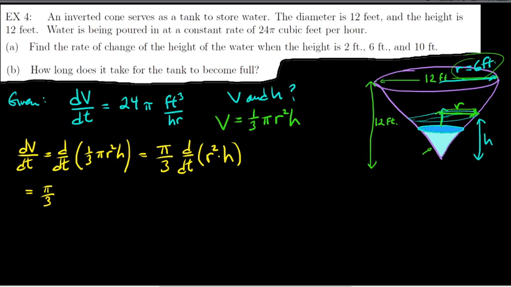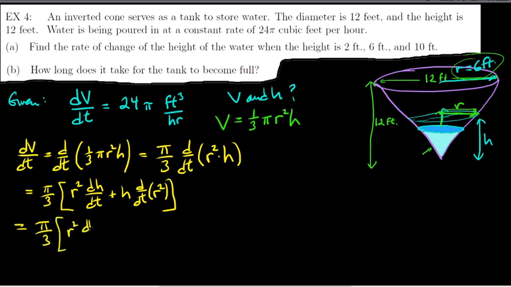So it's not 2r times h, right? Product rule. So first times the derivative of the second plus second times the derivative of the first, all times pi over 3. So yep, you get r squared times the derivative of h plus, and then h times 2r. So 2rh, but don't forget there's a chain rule here as well. So the derivative of r. Okay. So yep, that gets pretty complicated for the derivative.